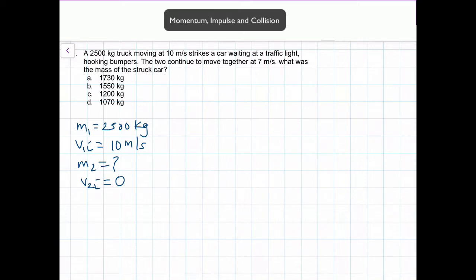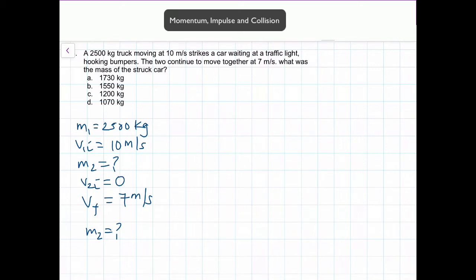Then after the collision, both hooked with their bumpers, and they moved together. That means they acquired a common velocity of 7 meters per second. Now what you are asked to determine is mass 2.